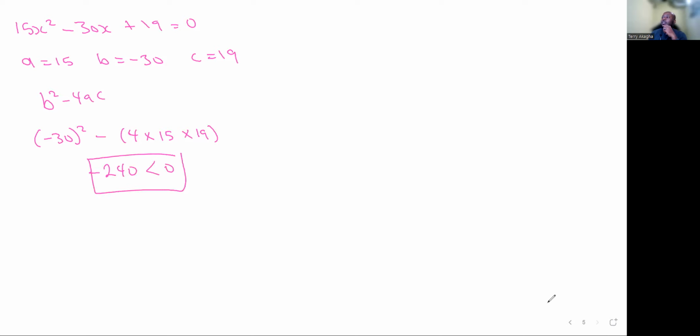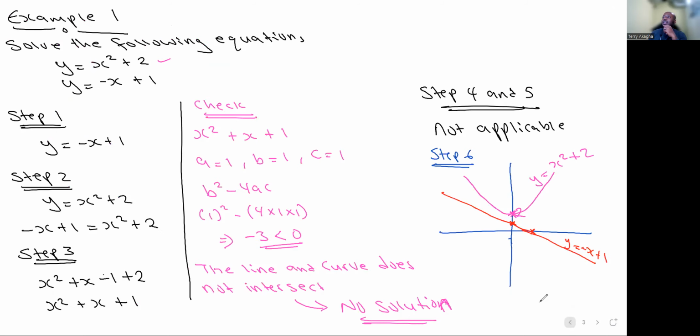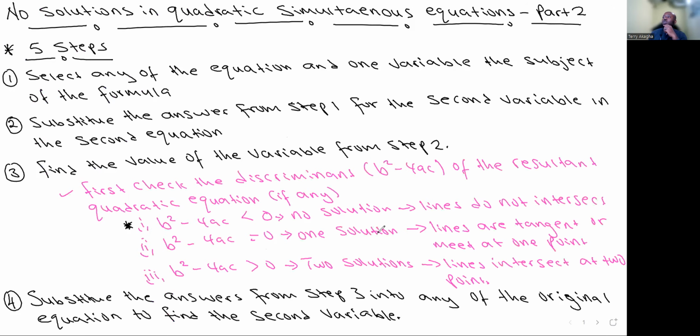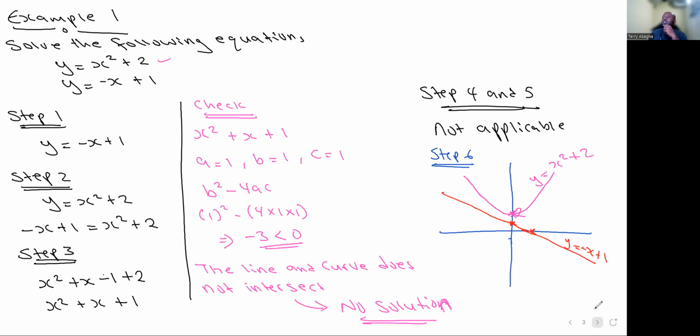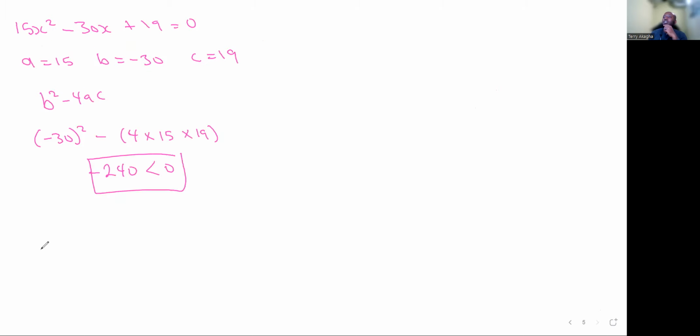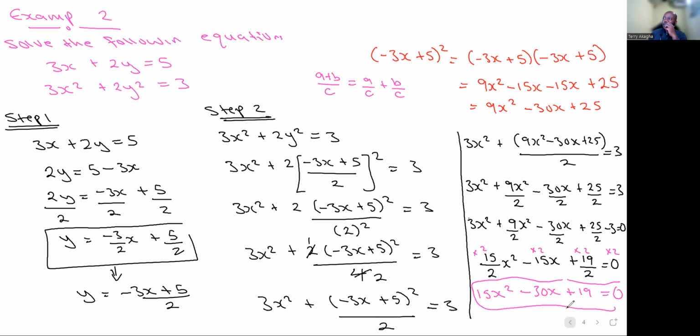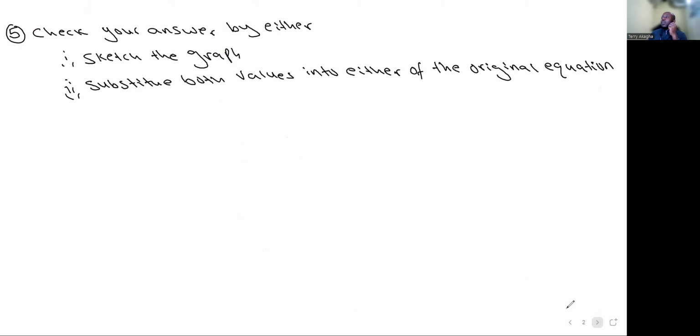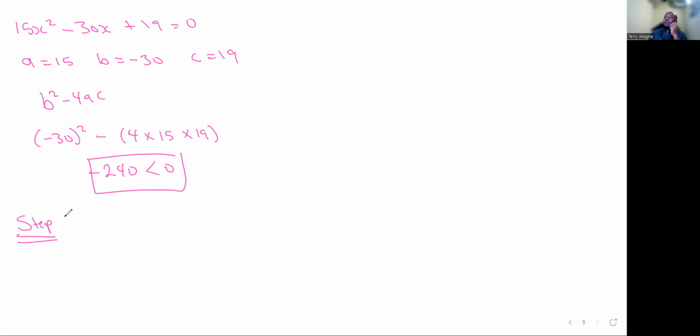So because it's less than 0, you can see that there will be what? There will be no solution for this. So you can try, if you sketch the graph as well, okay? If you sketch the graph, what step is that? That will be step 4, right? To sketch the graph. Step 5. So if you sketch the graph in step 5, you will notice as well, there will be no intersection.